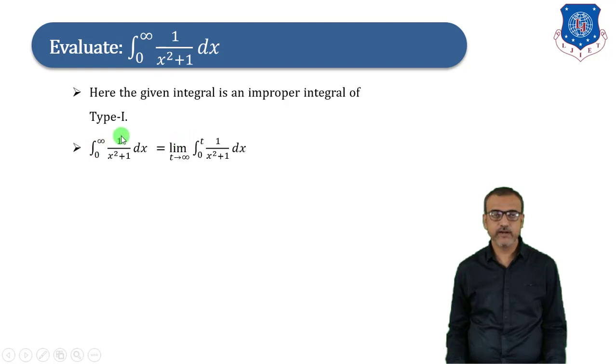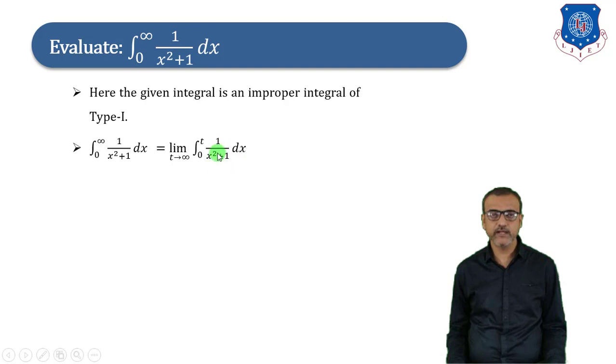As this upper limit is infinite, we will replace this infinity by t and we will find the limit of this whole integration as t tends to infinity. So we will write this integration as limit t tends to infinity, integration from 0 to t of 1 upon x square plus 1 dx.